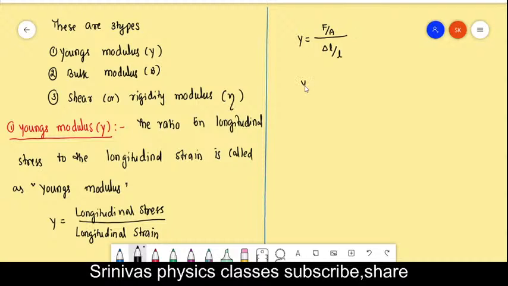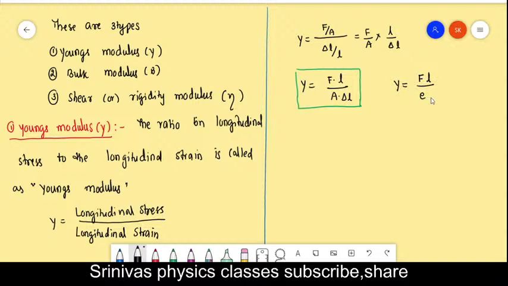Then Young's modulus formula we can write like this: Y equals FL by A delta L, because F by A into delta L by L reversed becomes L by delta L. This formula we can also write as Y equals FL by A e, since we can take e instead of delta L also.